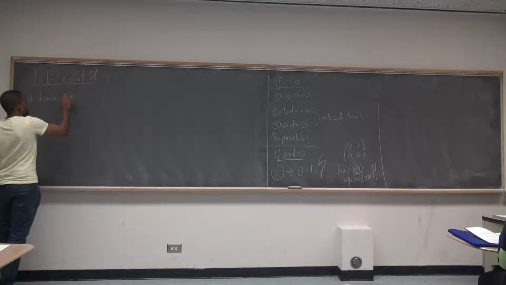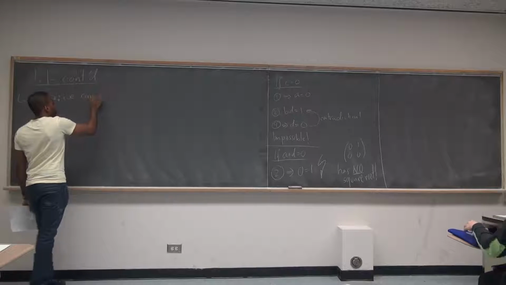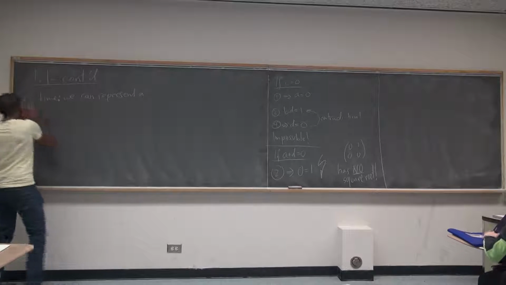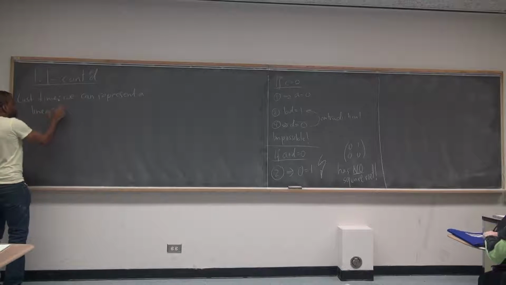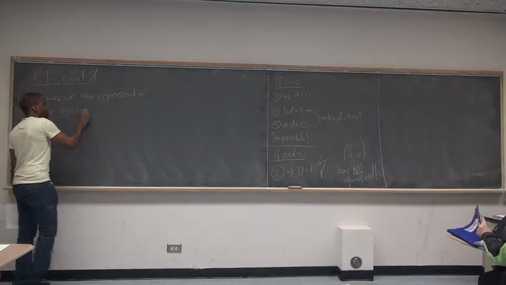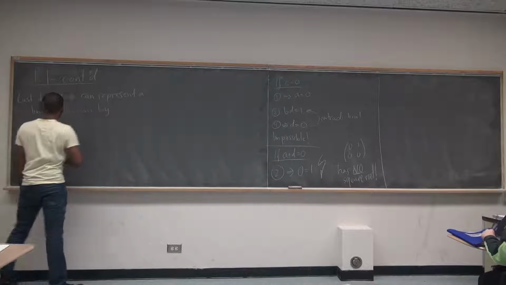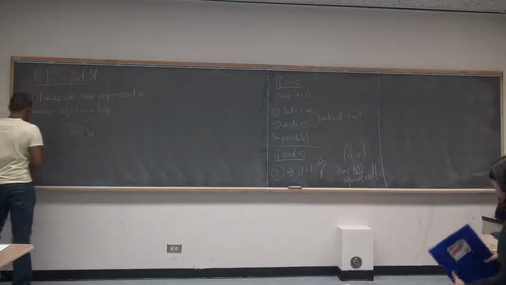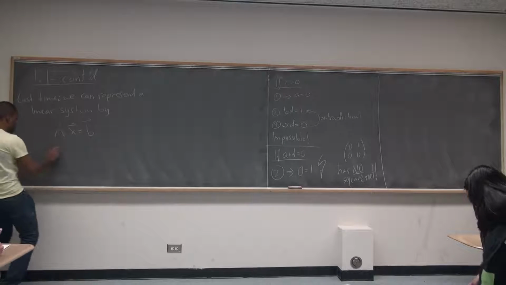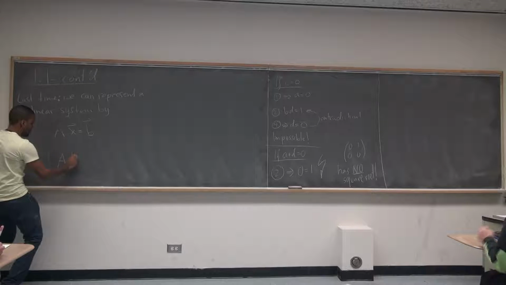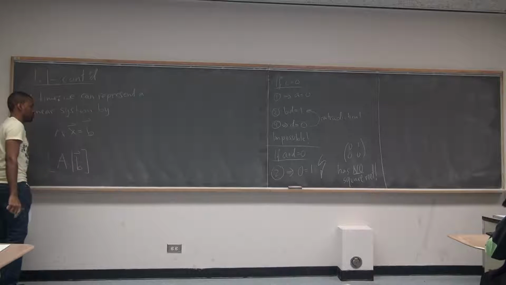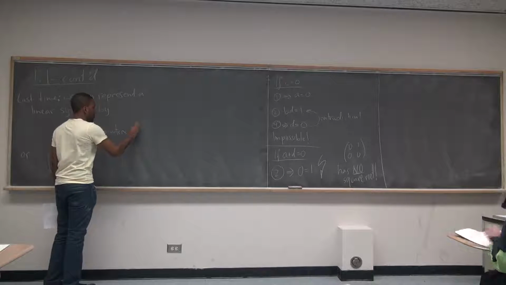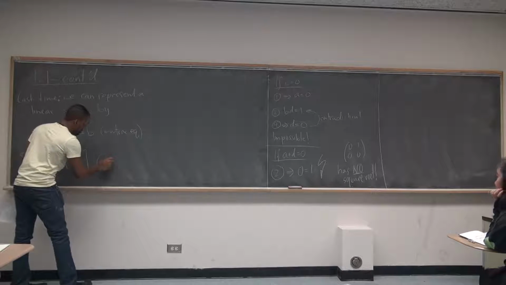We can represent a system by a matrix equation, AX equals B, or an augmented matrix. It's called a matrix equation. This is called the augmented matrix for the system.